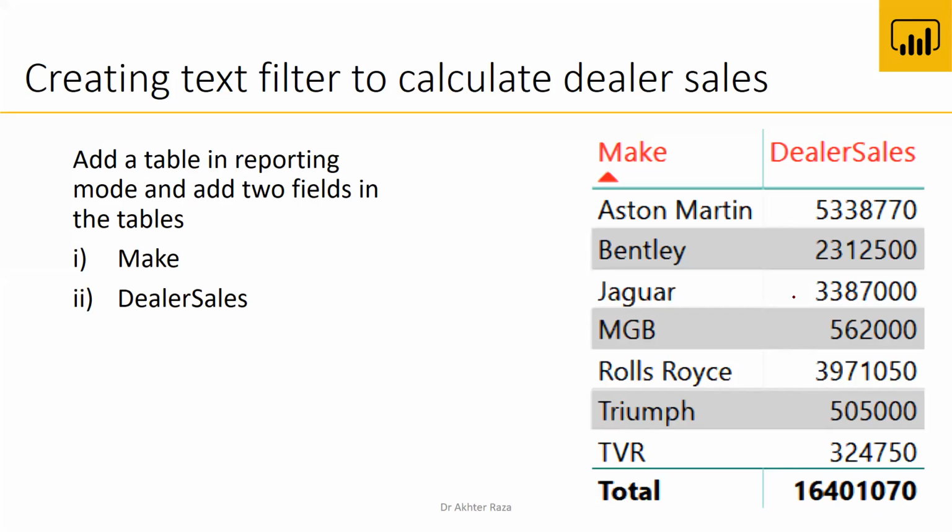If we put this dealer sale into a card, then this total will be shown: 16401070, a single number. But if we are representing this with the make column, then the dealer sales for the individual makes are also calculated there.